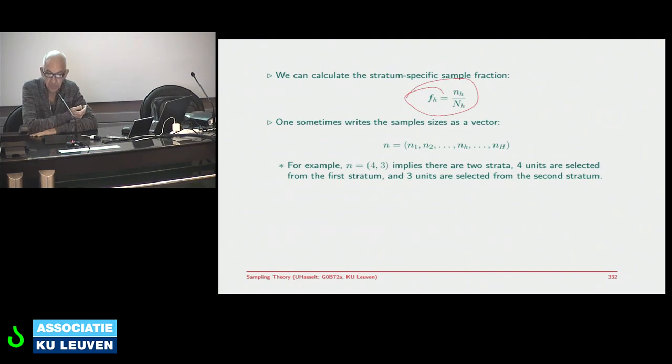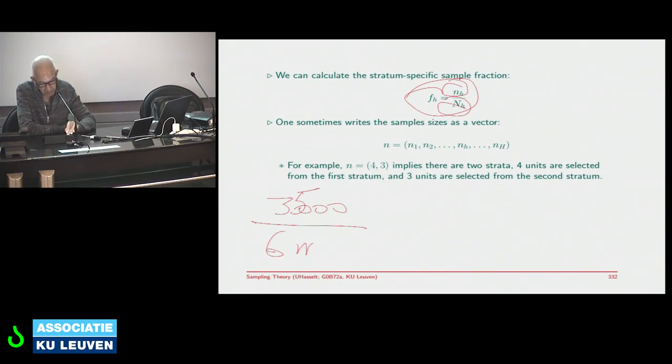Well, with equal allocation, lowercase n_h will be a constant. Uppercase N_h will still vary from stratum to stratum. For example, we may take 3,500 from Flanders out of 6 million.